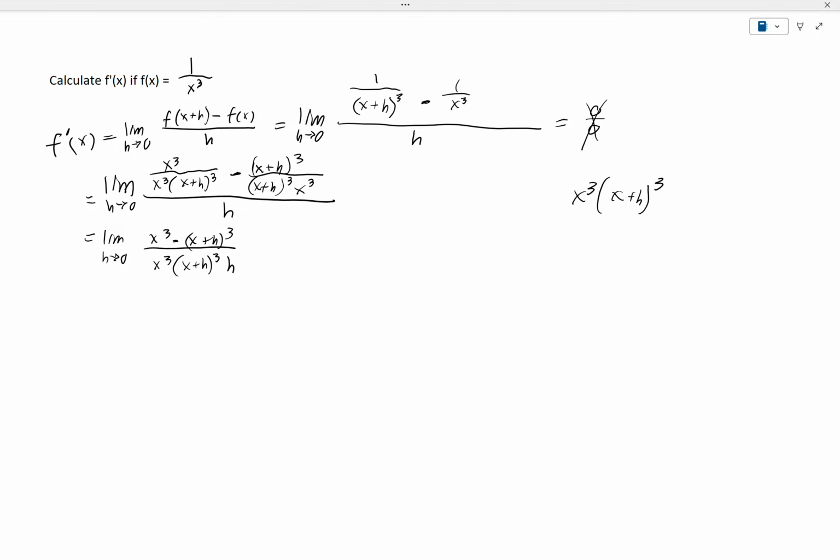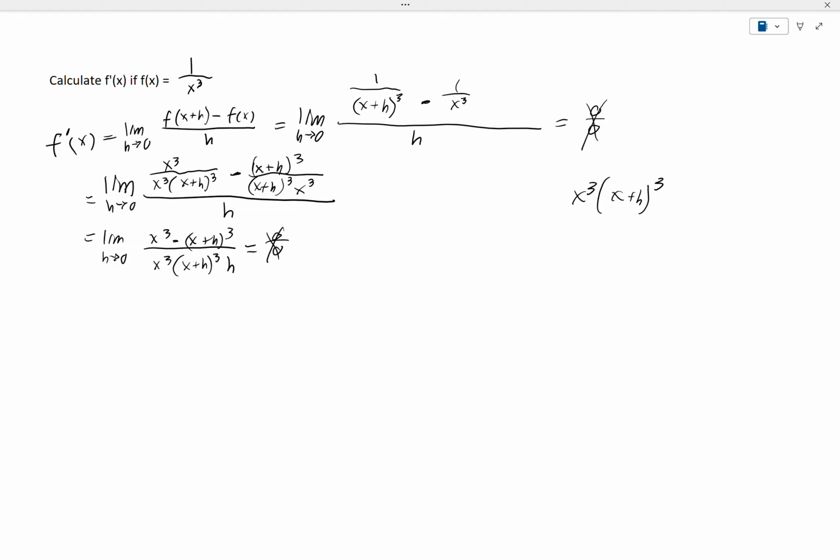And there we go. If you plug in 0 for h right here, and try to solve the limit again that way, you're going to find out that you still get 0 over 0. In other words, you haven't done enough work yet to get a different answer than this indeterminate form.